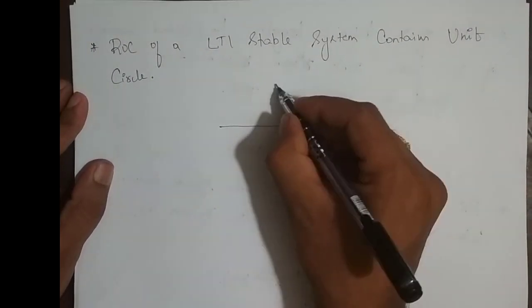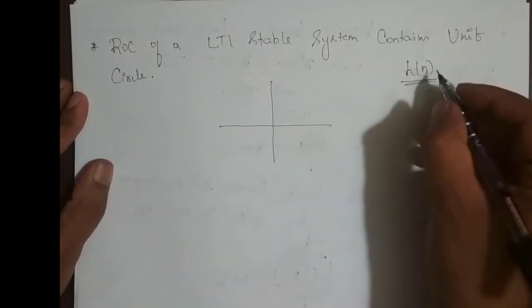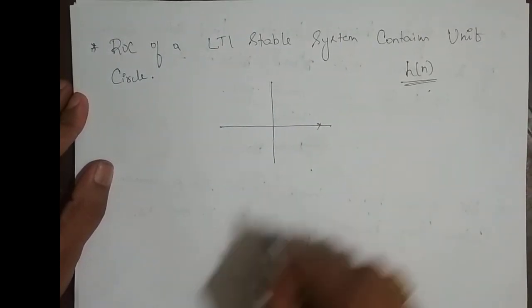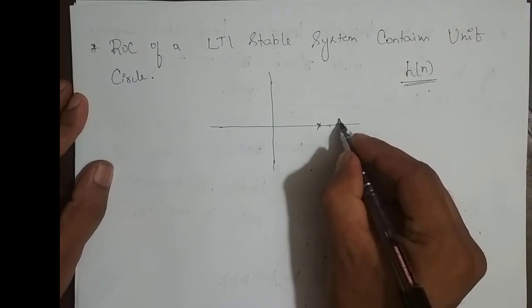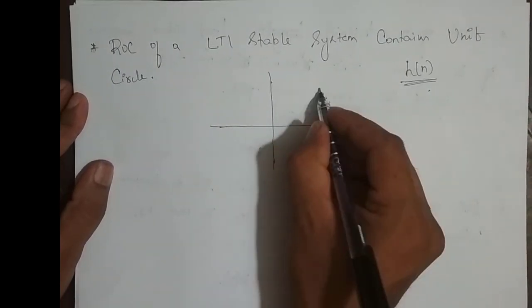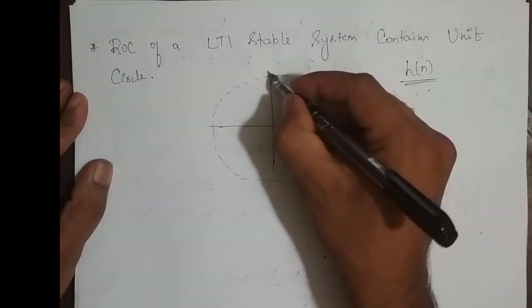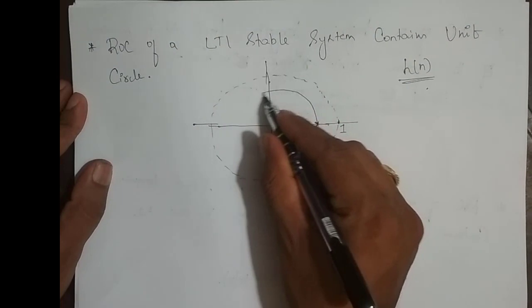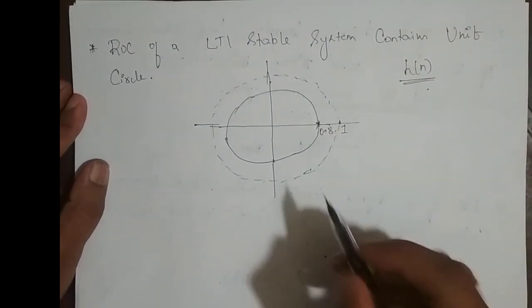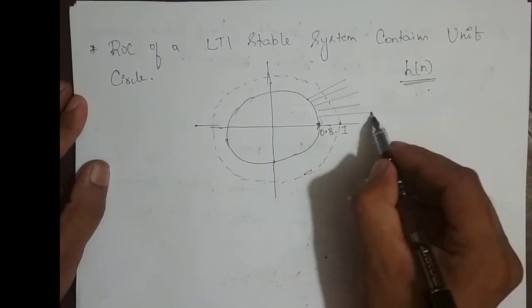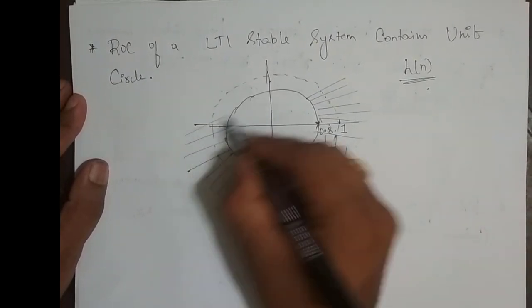In the sense, if you have a system with the impulse response h of n, corresponding to this system there will be a pole, and if this pole is inside the unit circle, for example this is my unit circle, and this is the circle corresponding to the system, say 0.8, the ROC of this system, if the sequence is right-sided, will be outside.